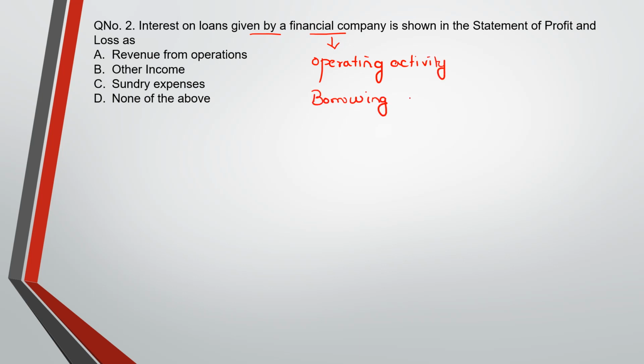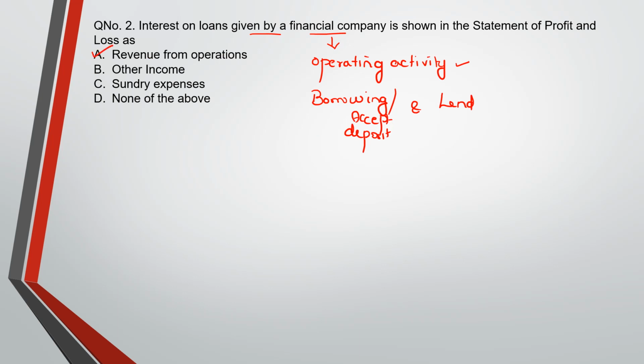It would borrow or accept deposits and then it would lend to the people who are in need of the money. So this is the main operating activity and therefore whatever is the interest which is earned by the financial company by lending, that would be from its operating activity and therefore it would be part of revenue from operations.